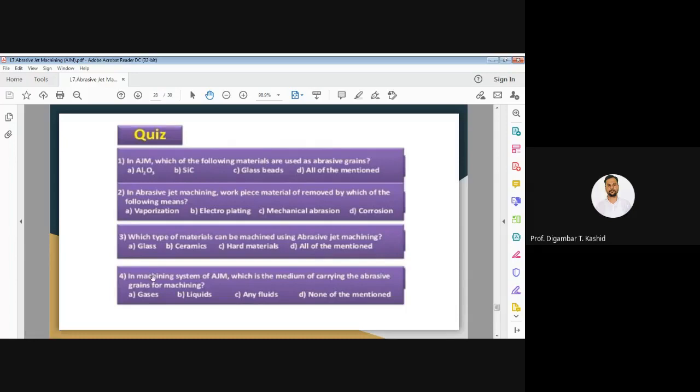Then, which type of materials can be machined using this abrasive jet machine? Glass, friction materials, ceramic, hard materials also.